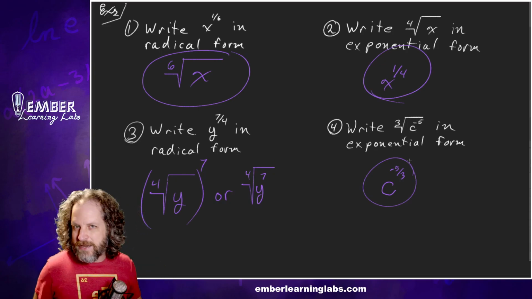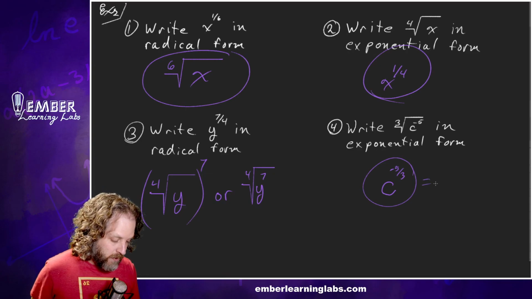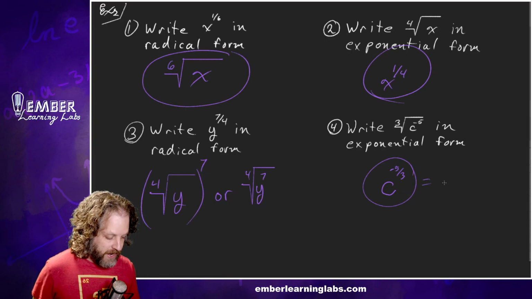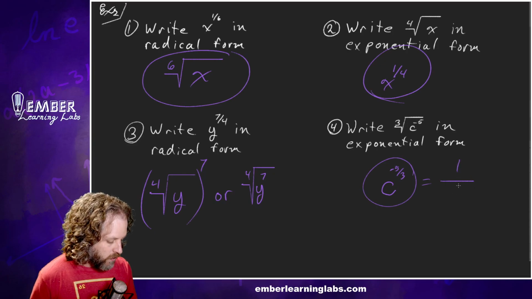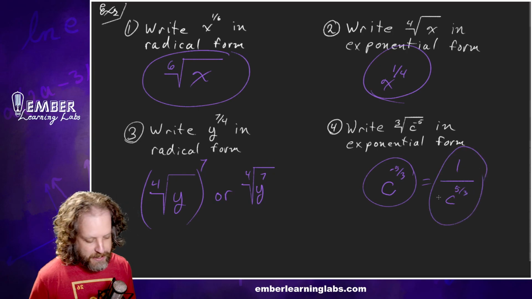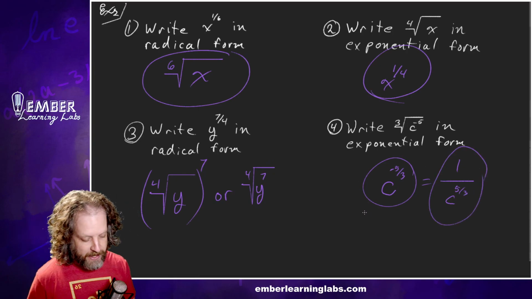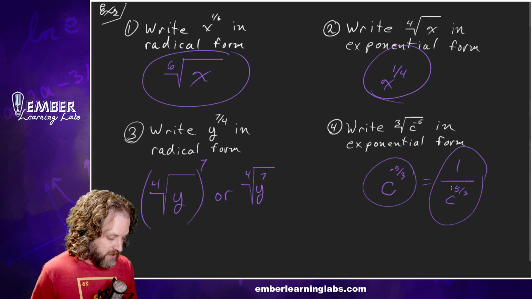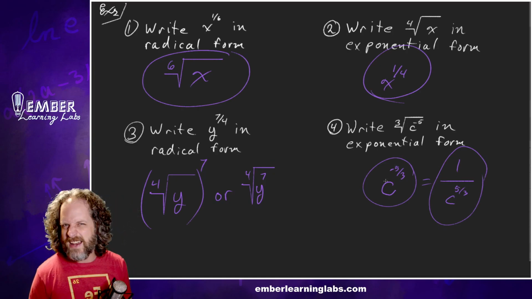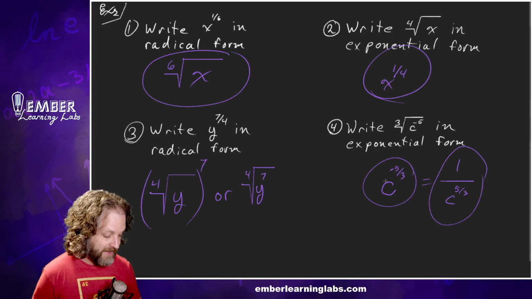But if it said something like simplify, then we would want that negative power to go away. So this would turn into 1/c to the 5/3. Arguably, with these particular instructions, the first is fine, but in a lot of other cases you would want to get that negative exponent out of there, because we don't usually like that in our answer.